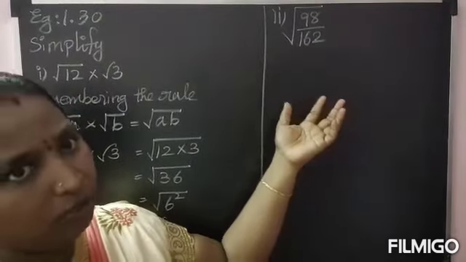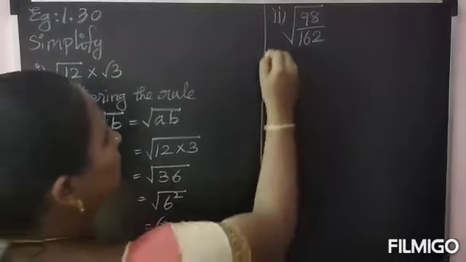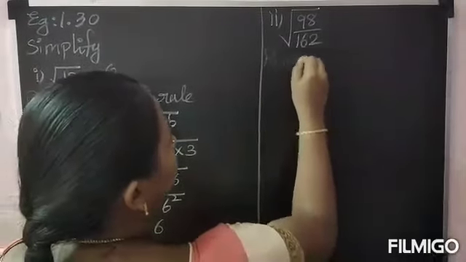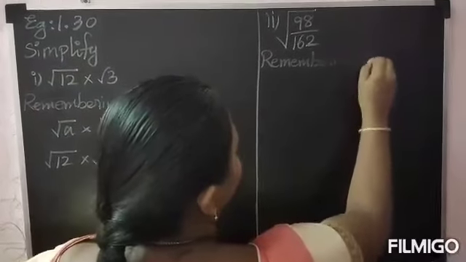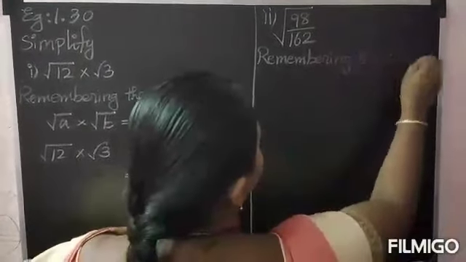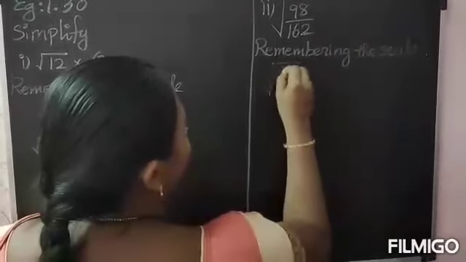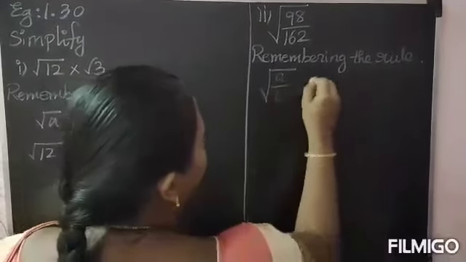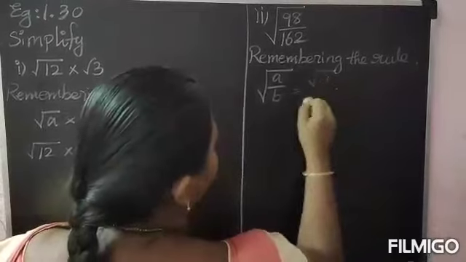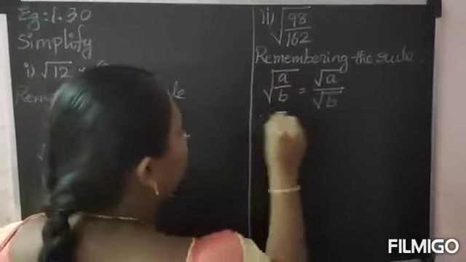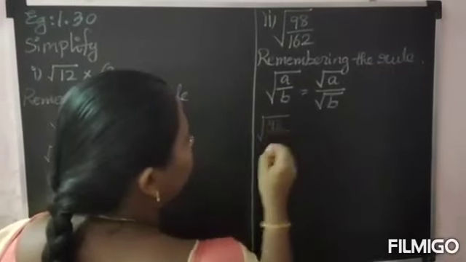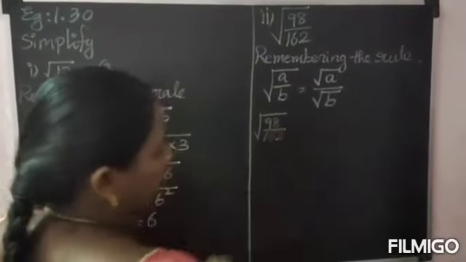Here also we are going to use a rule, remembering the rule: square root of a divided by b equal to square root of a divided by square root of b. Here they given square root of 98 divided by 162.